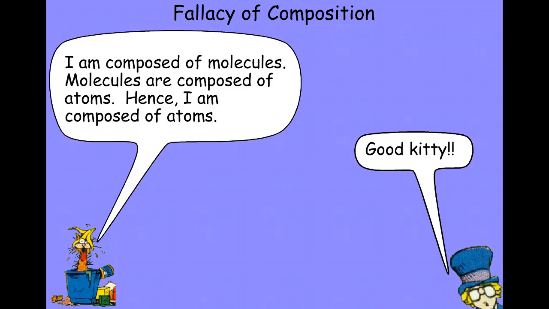Molecules are, in fact, composed of atoms. Since molecules have that property of being composed of atoms, you also have that property. So that implicit premise, that your parts and their properties are also properties that you have as a whole, is true in this case, and the argument is perfectly fine.